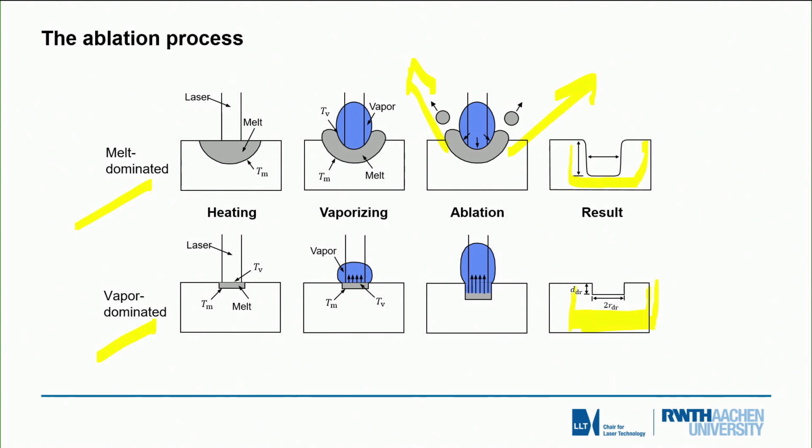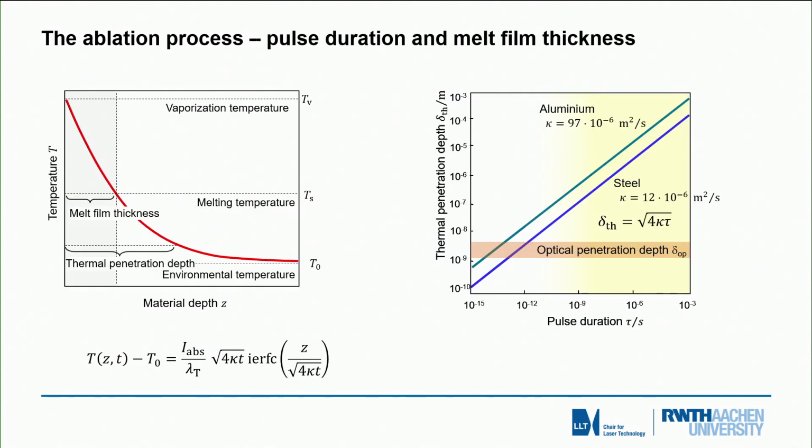In this more detailed schematic, you see a plot of the temperature on the surface in dependence of the material depth, which, as you can see from the melt and heat conduction videos, scales with the root of the time, and the melt film thickness, which is defined by the isothermal line of the melting temperature at this point here.